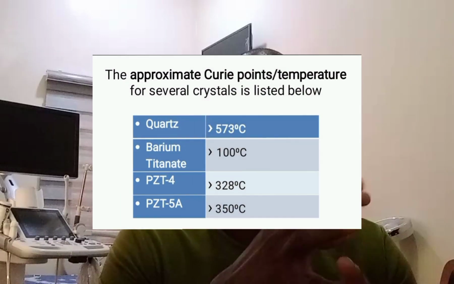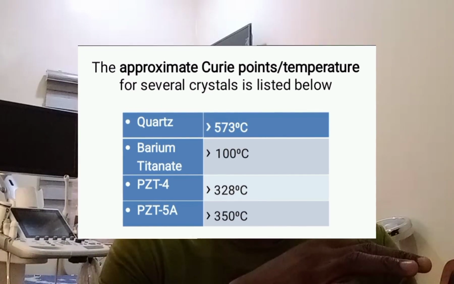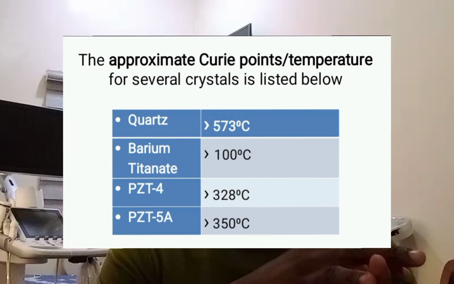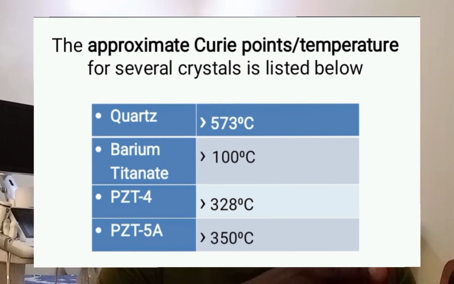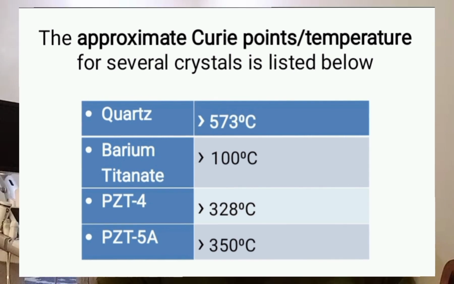So the approximate Curie point or temperature for several crystals is listed in this picture. Here you have the Curie point for quartz, for barium titanate, for PZT4 and PZT5A, and it's listed there. I'm sure it will help you.